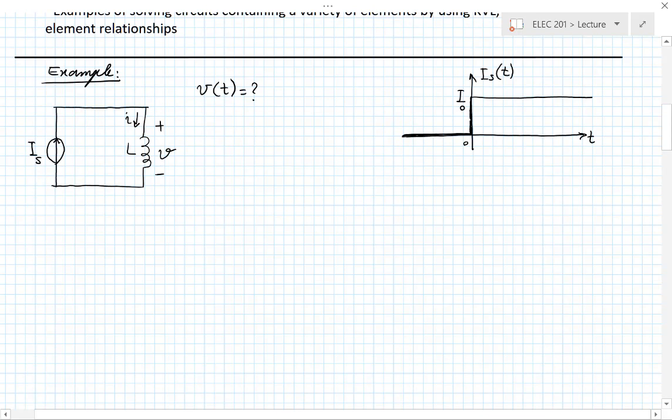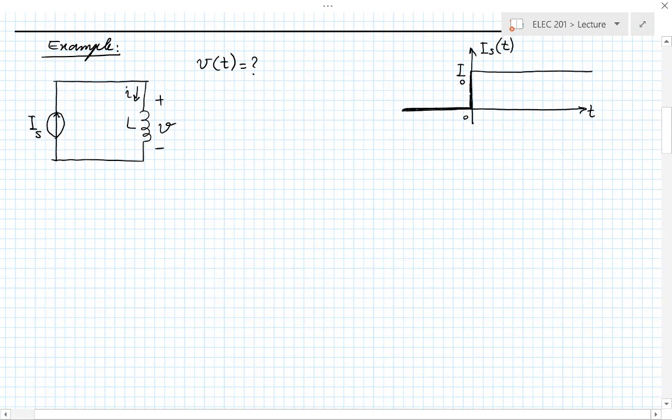Especially when you encounter a problem where you don't know where to start, here's where you can't go wrong: KVL, KCL, element relationships. Okay, write them down, and then see what you can do with them. First of all, what are the nodes here? I have this node and this node.